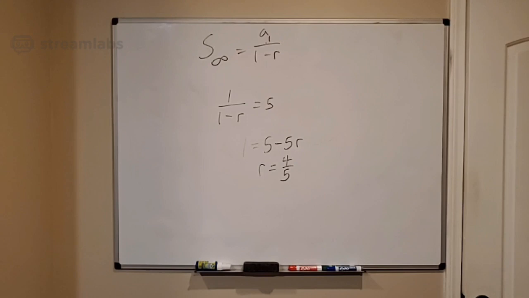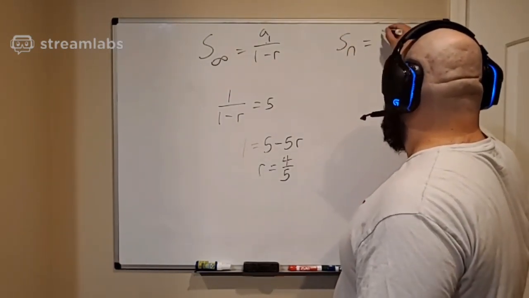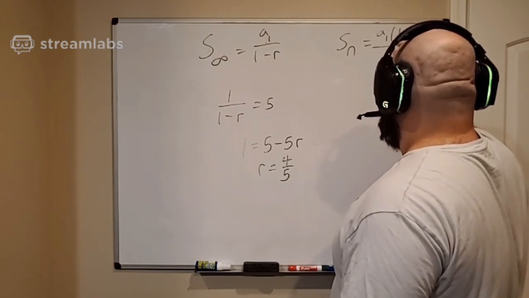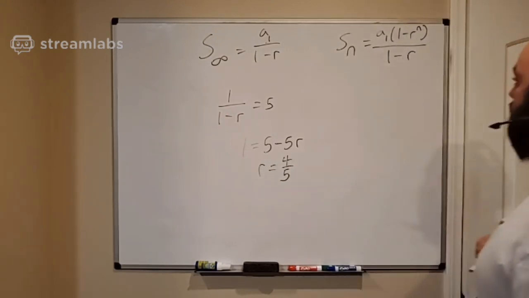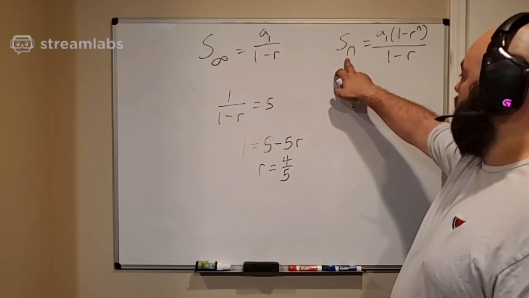Once you have r, they want you to find the sum of the first n terms that exceeds 4.9. So we go to our regular formula, which is a sub 1 times 1 minus r to the n over 1 minus r. We want this to be bigger than 4.9.